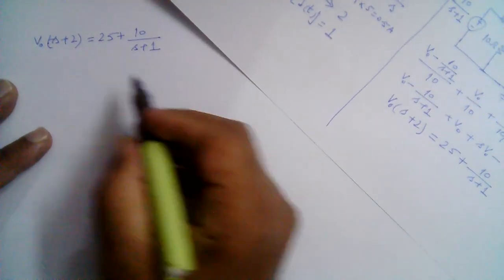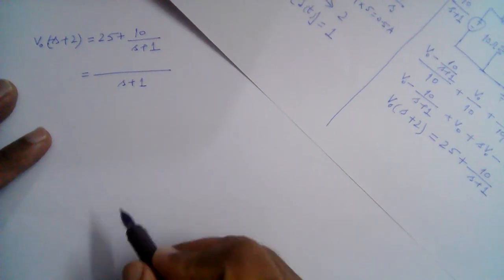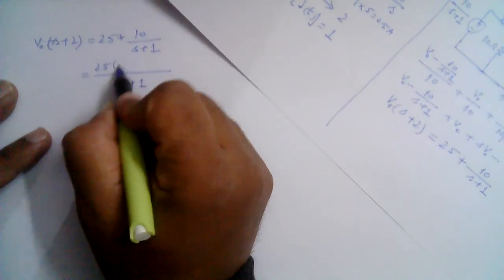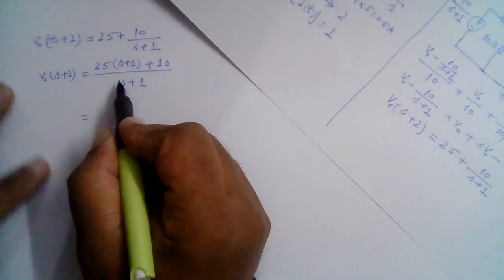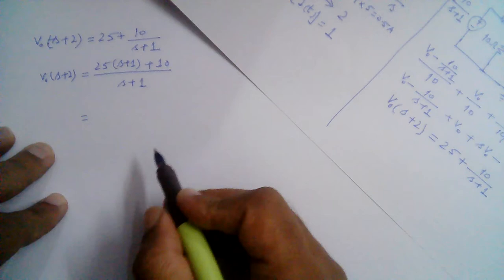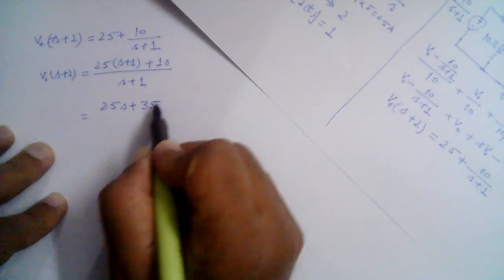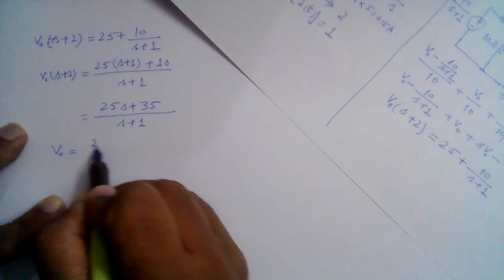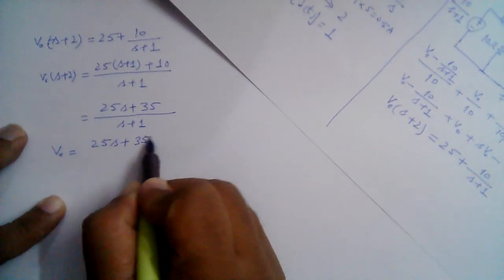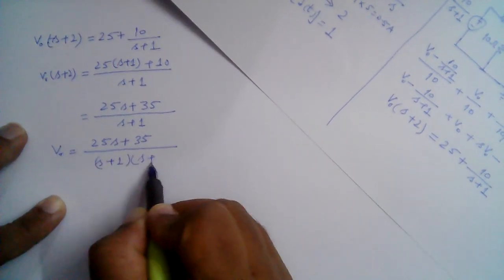That should be equal to 25 into (S plus 1) plus 10 over S plus 1, which is 25S plus 35 over S plus 1. So V naught is equal to (25S plus 35) divided by (S plus 1) into (S plus 2).